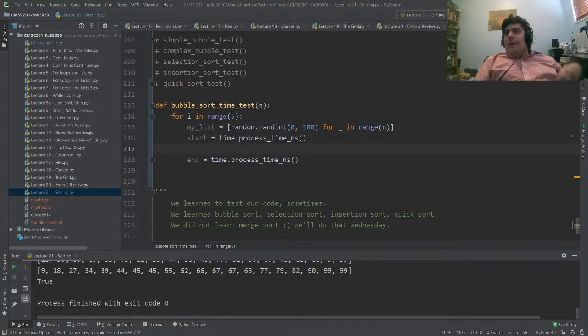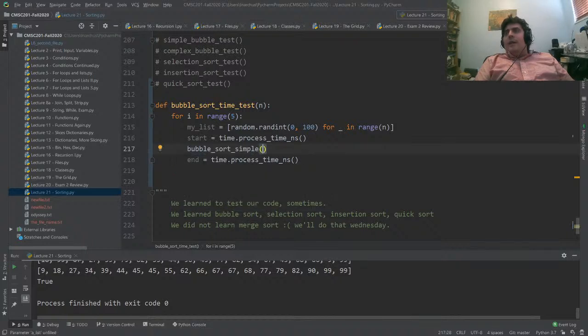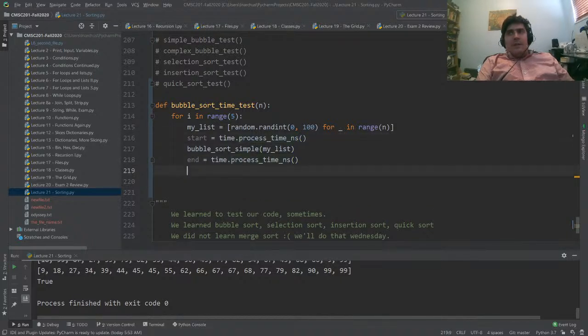And so now what we're going to do is bubble sort simple on my list. And we're not going to output the sorted list because we don't really care about the sorted list. All we care about is the time, which was end minus start.